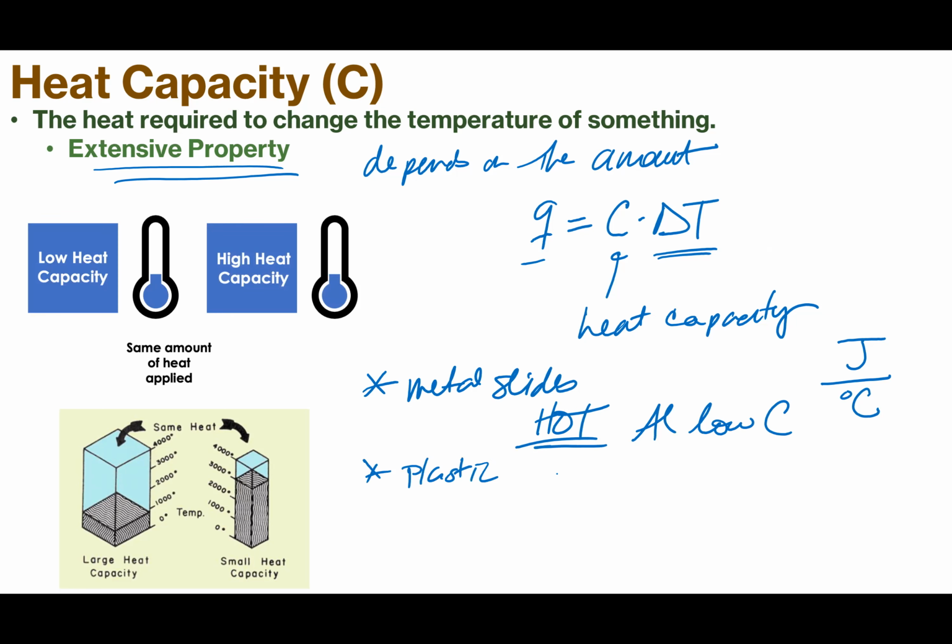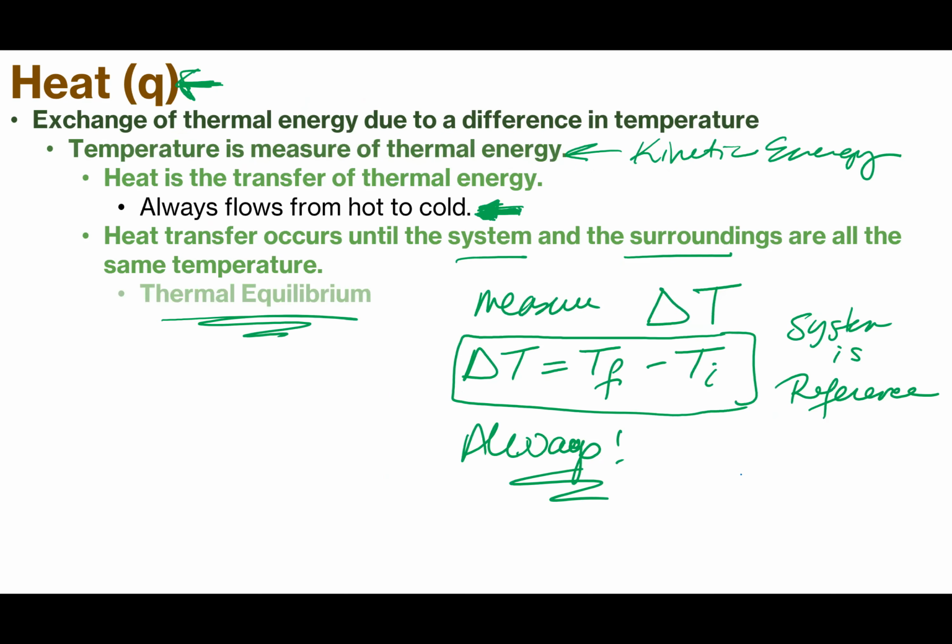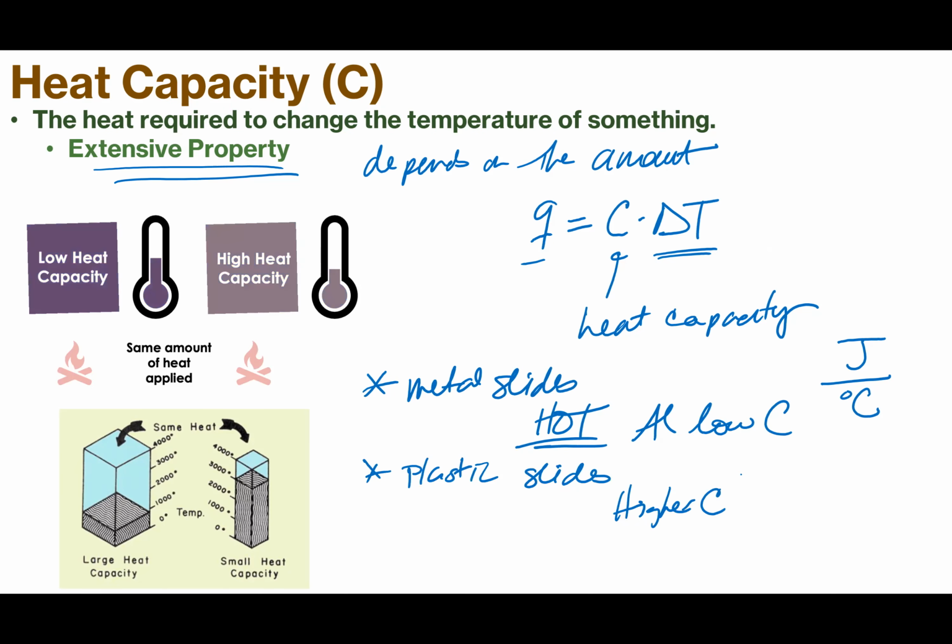The plastic has a much higher heat capacity. So it means that those could take in more energy and more heat before the temperature actually changed. Okay, so they didn't get as hot in the summer.